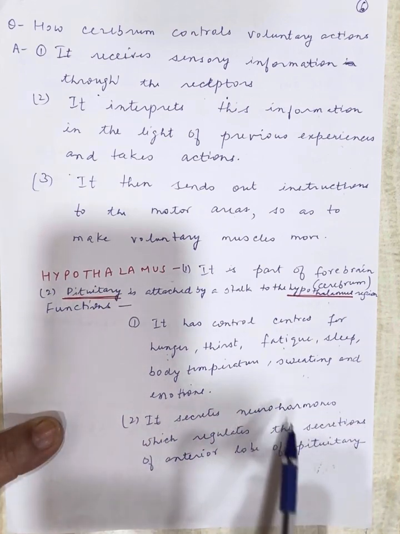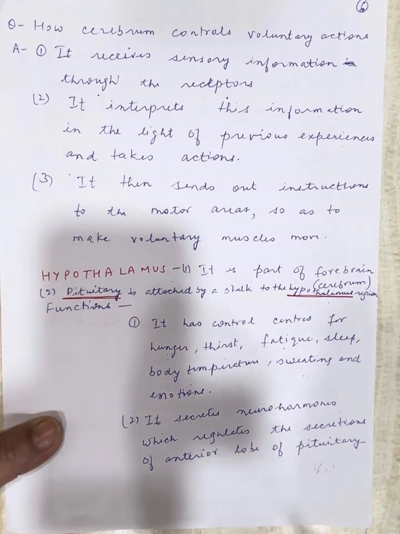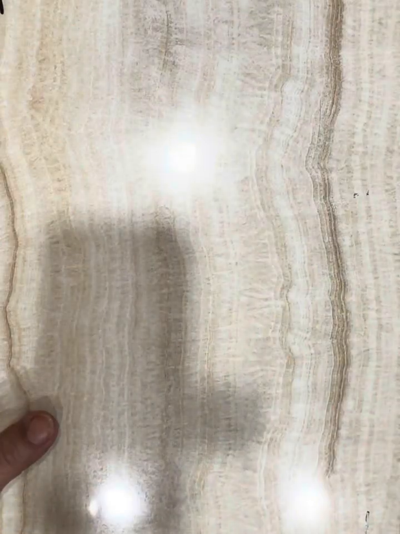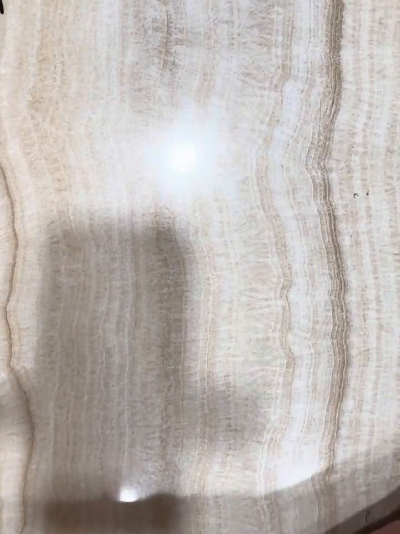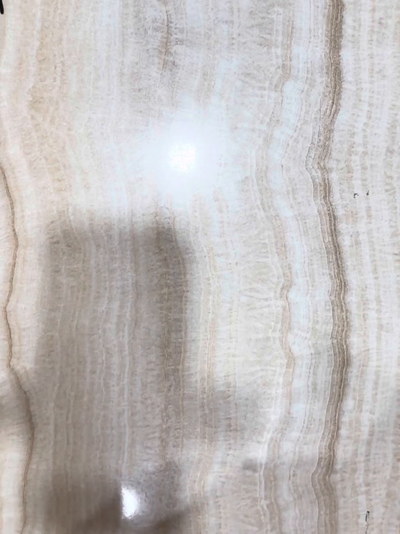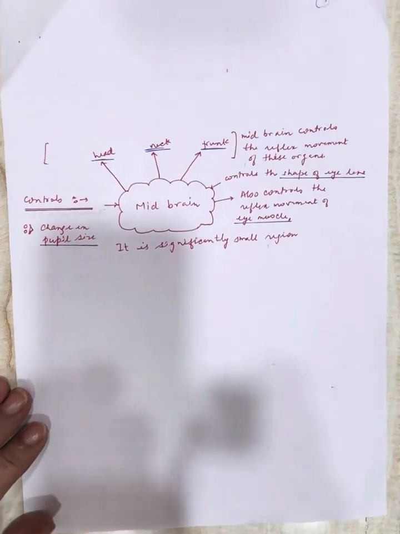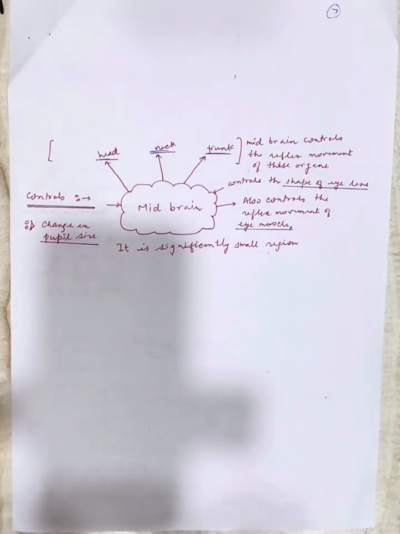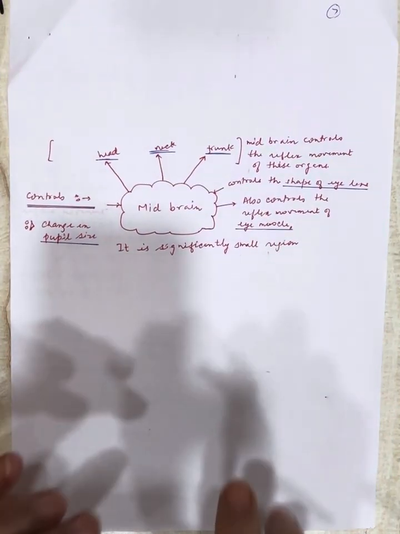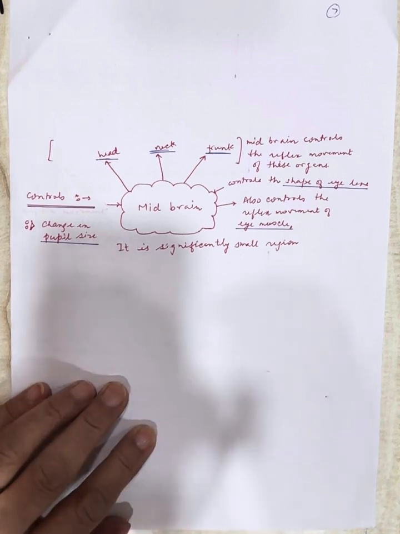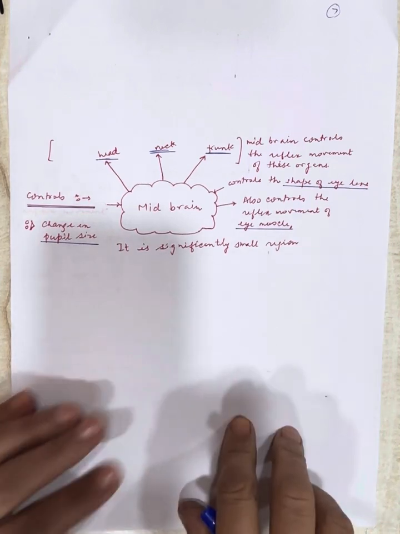This way it is also controlling the pituitary gland, which is the most important part of the nervous system, and many of the glands are functioning because of the command from the pituitary gland.